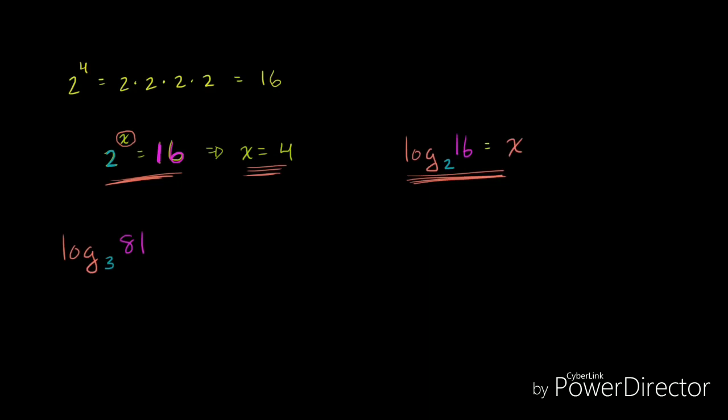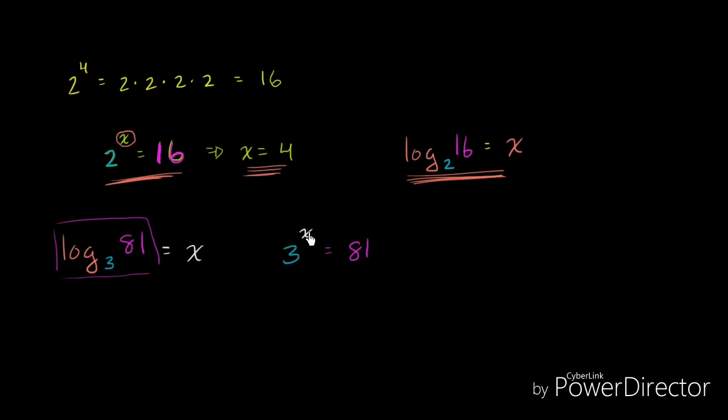If we write this into an exponential equation, it would be 3 raised to x is equal to 81. That means with these two equations, from logarithmic into exponential, we're going to find the value of x. So we just need to know what power to raise 3 to get the value of 81.